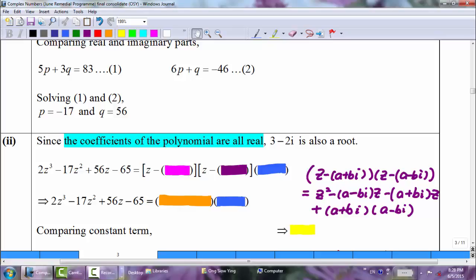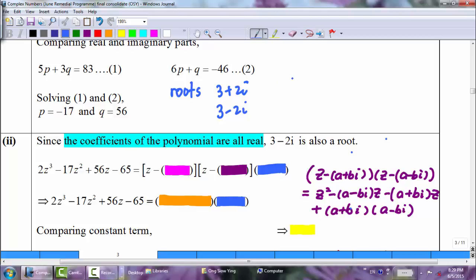And as a result, you would be able to write down the factor of the equation given the root. Please don't be confused between the root and the factor. For example, in this case, you started with 3 plus 2i as a root. And since all the coefficients are real for the polynomial, you know that 3 minus 2i is also a root.